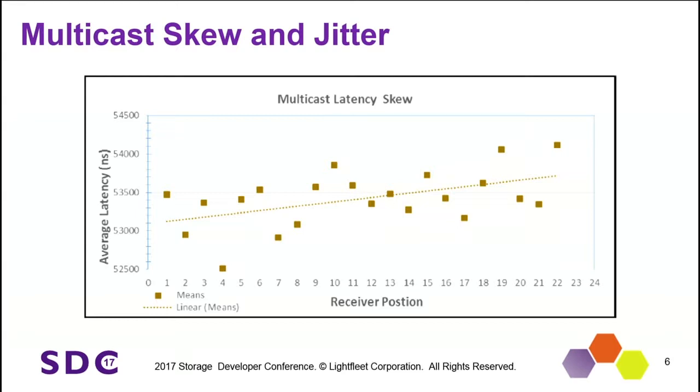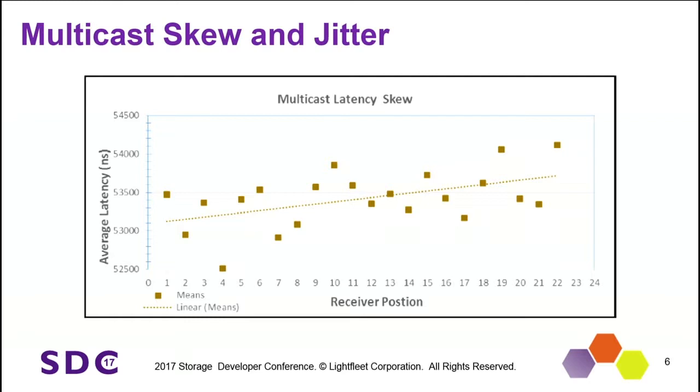And what you see in this particular situation, let's see, I think I've got a laser here. These data points here, the destination ports are listed across the bottom, from 1 to 22 in this particular case.